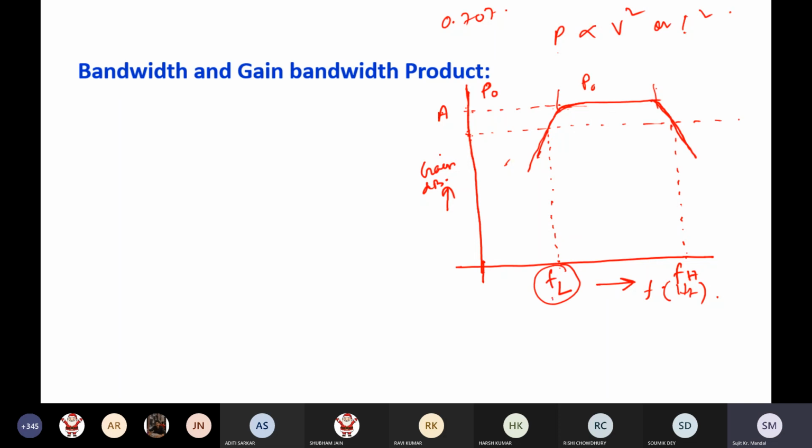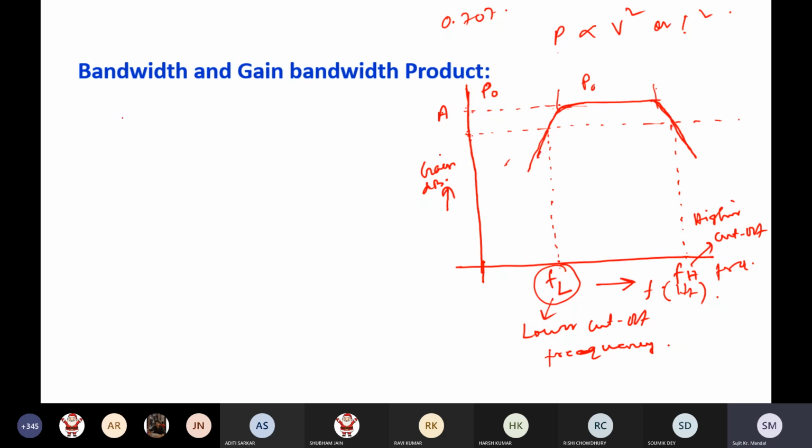One is the lower cutoff frequency, FL. And FH is the higher cutoff frequency, or upper cutoff frequency. And this is the bandwidth.